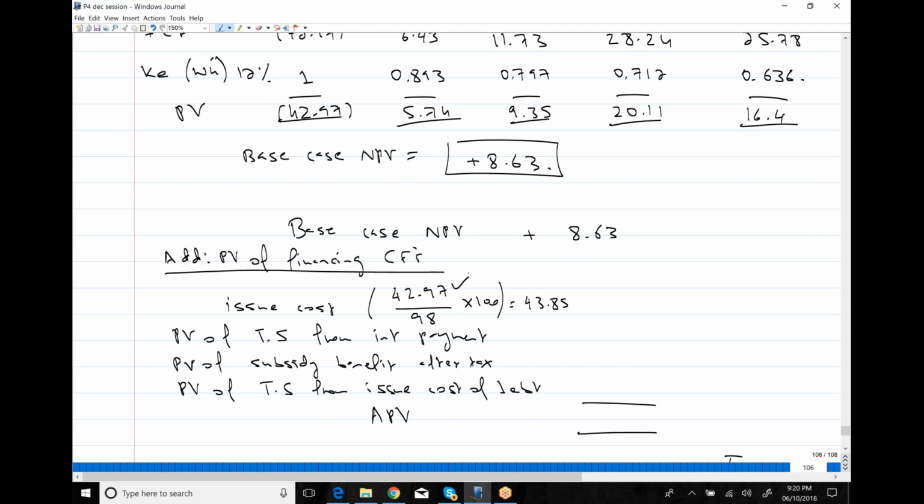So issue cost is 2% of gross finance raised. Gross finance raised will be 43.85. So 2% of this is your issue cost. Just take 2% of this. That will be around 0.88.